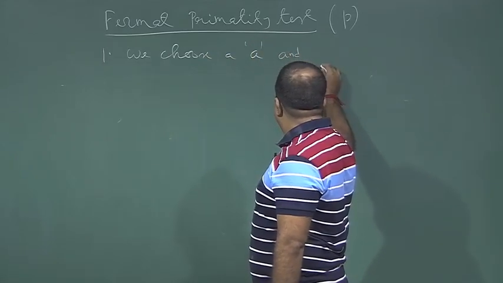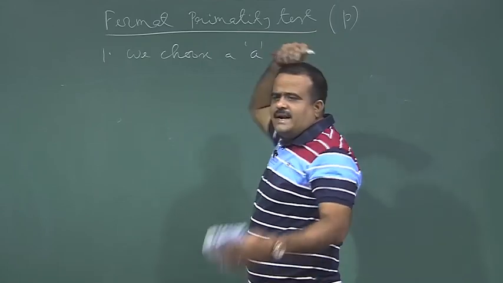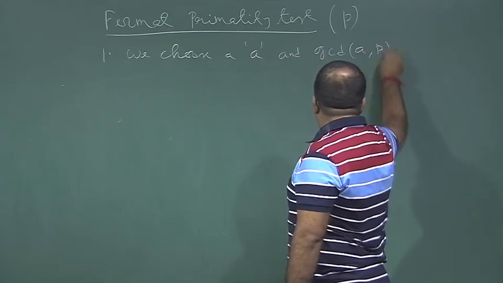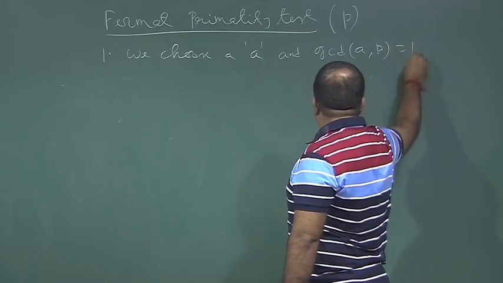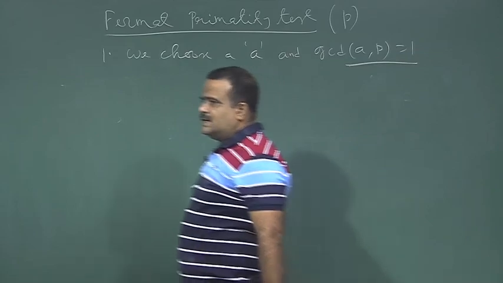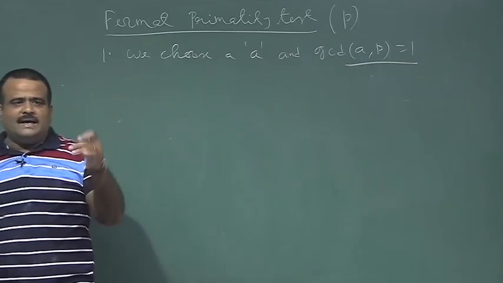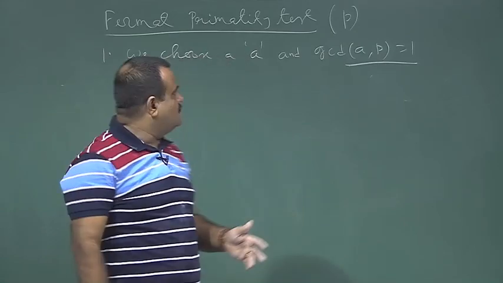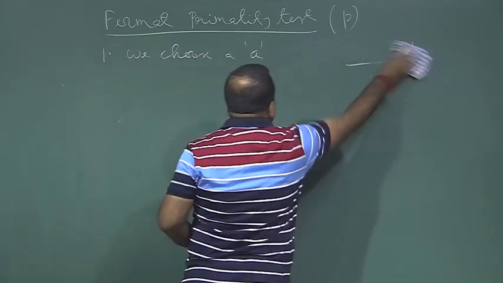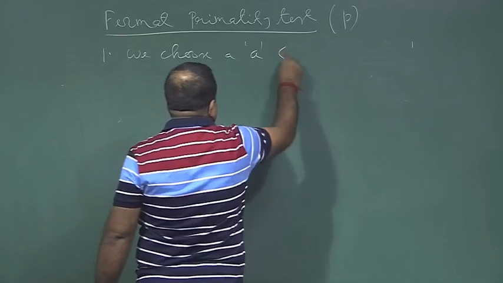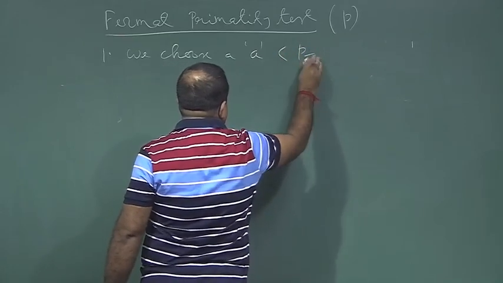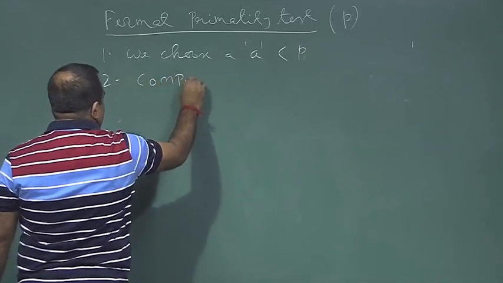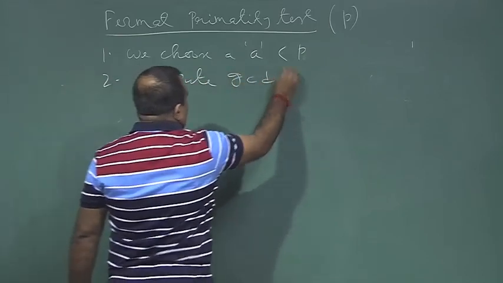We choose a randomly, an integer less than P, and we compute the GCD of A and P. If we found GCD is greater than 1, then we can straight away say this is not a prime.